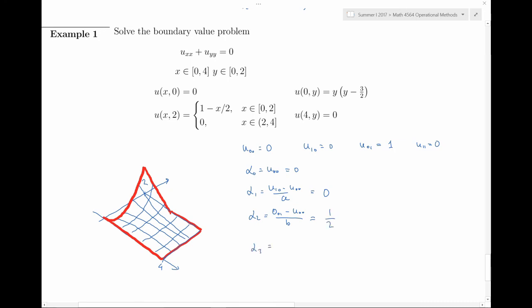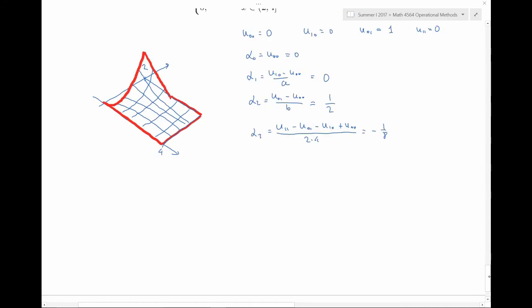And alpha 3 was u11 minus u01 minus u10 plus u00 over a times b. I know that only one of those terms is non-zero, it's u01, so it's just minus 1 over 8. And therefore my function v has the form 1/2 y minus 1 over 8 x times y.